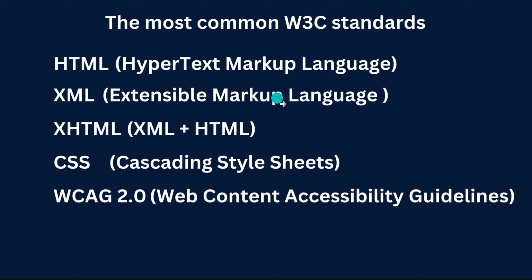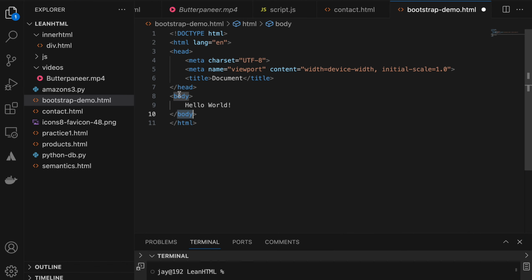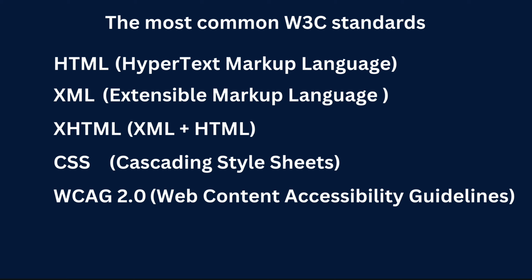Some common types of W3 standards are HTML. This is the body tag. There are lots of tags in HTML: table, tr, td. Heard about that? Yes, sir. So all are defined in HTML. First HTML3 came, HTML4 came, HTML5 came.